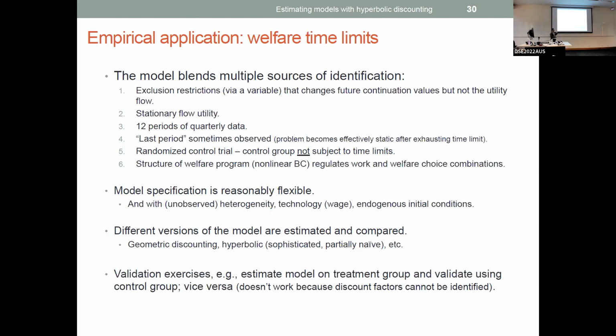The paper showed that the other direction didn't work because in the control group, there's no exclusion variable. So there's no identification of the time preference parameters. We actually tried to estimate the betas and deltas, or even just the deltas, with huge standard errors. So the empirical results confirm some of the earlier theoretical econometric results.